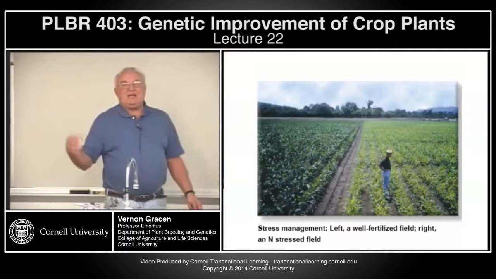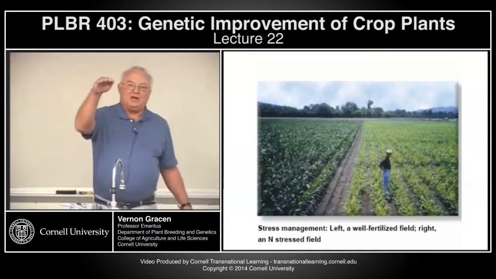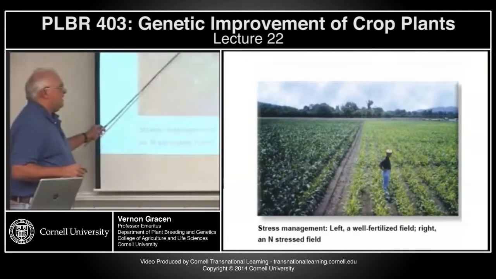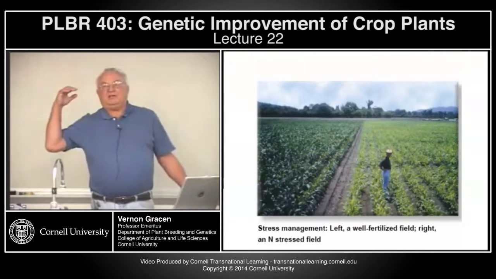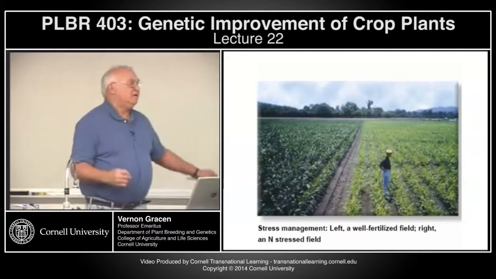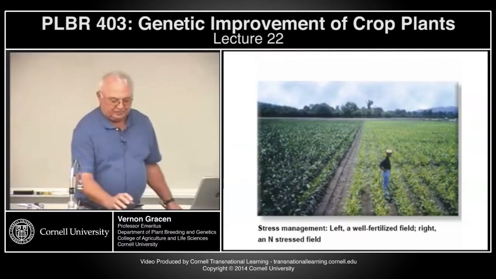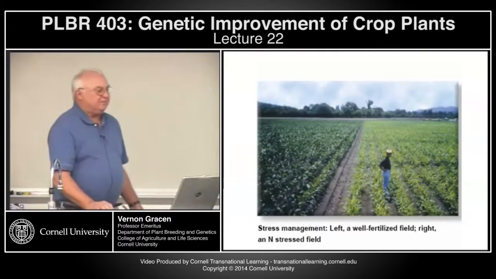So that you can manage these stresses one at a time, eliminate a lot of the G by E interactions, select for improvement or real genetic improvements in a step-by-step fashion.